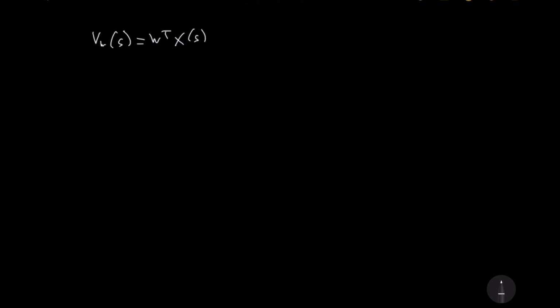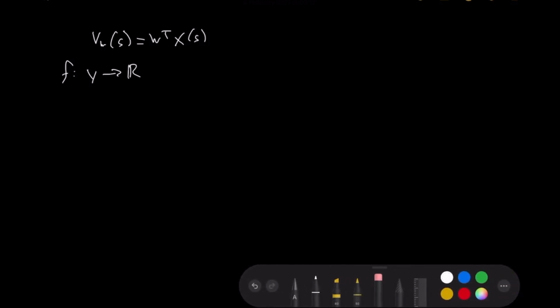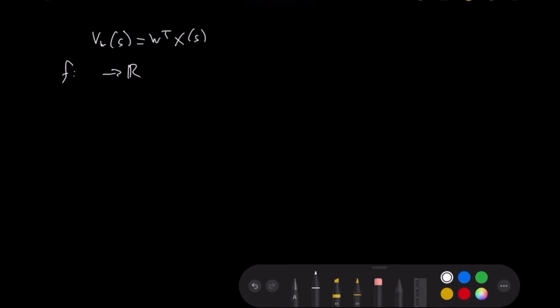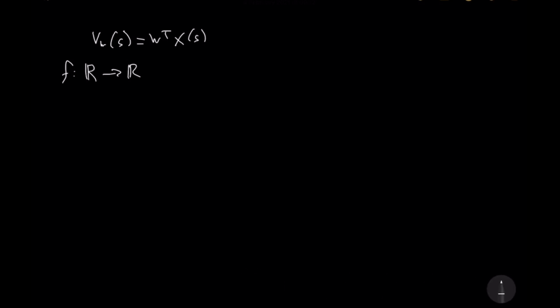Well, for instance, we could have some function, let's say f, that takes some number as input and outputs a real number. Let me make it clear that these are both just numbers. So any such function, let's just assume, if we apply this to a vector, then it'll be applied element-wise.